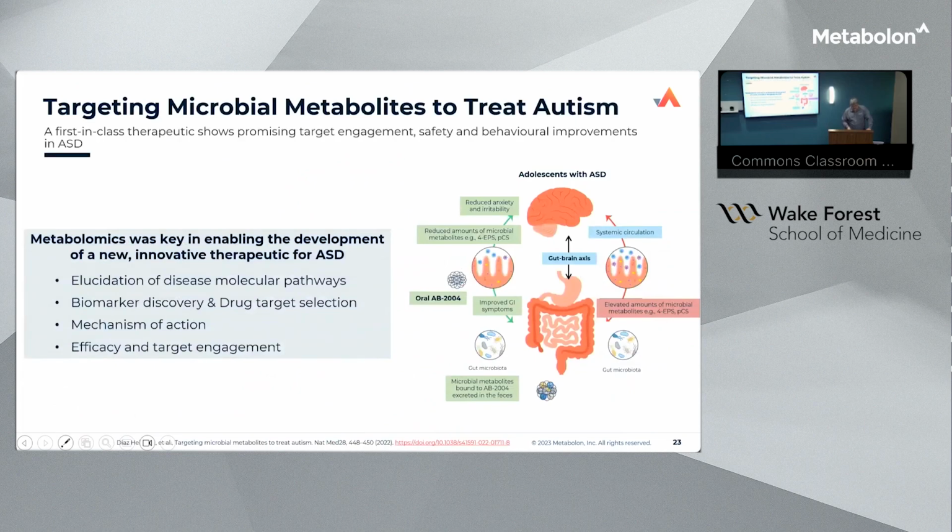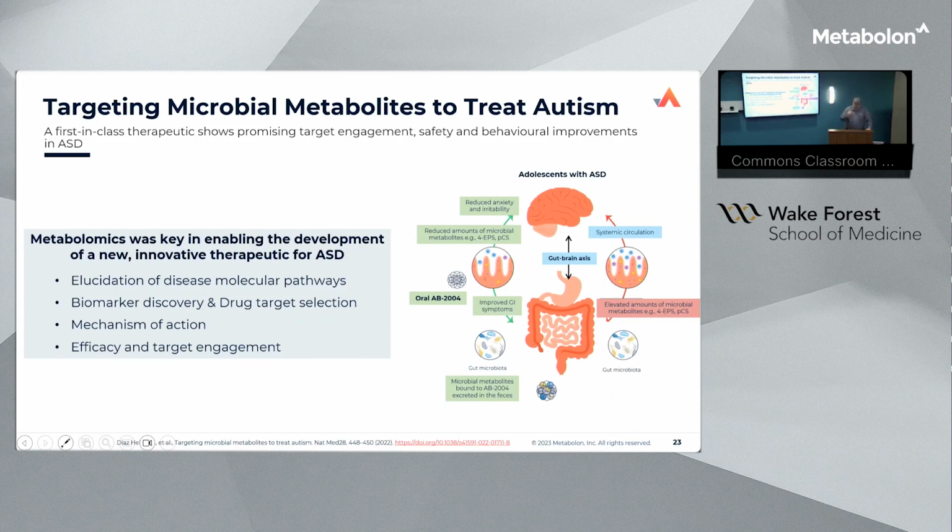So the study is a nice example of how important metabolomics was, firstly in identifying the mechanism behind this, but also in supporting the drug development process. Global discovery was used to uncover these metabolites and the mechanism behind it, and then the customized panel quantified these metabolites nicely, helping them understand the mechanism of action quite a bit better.